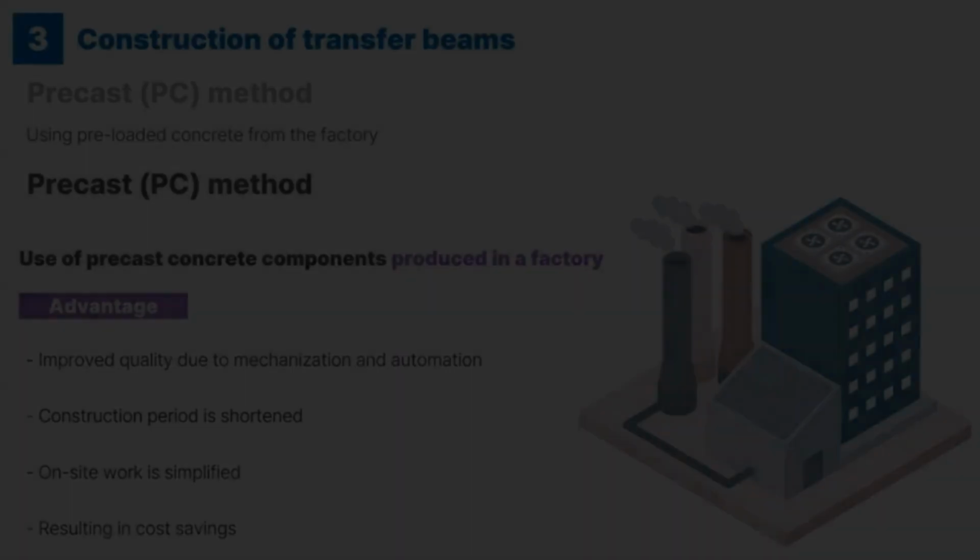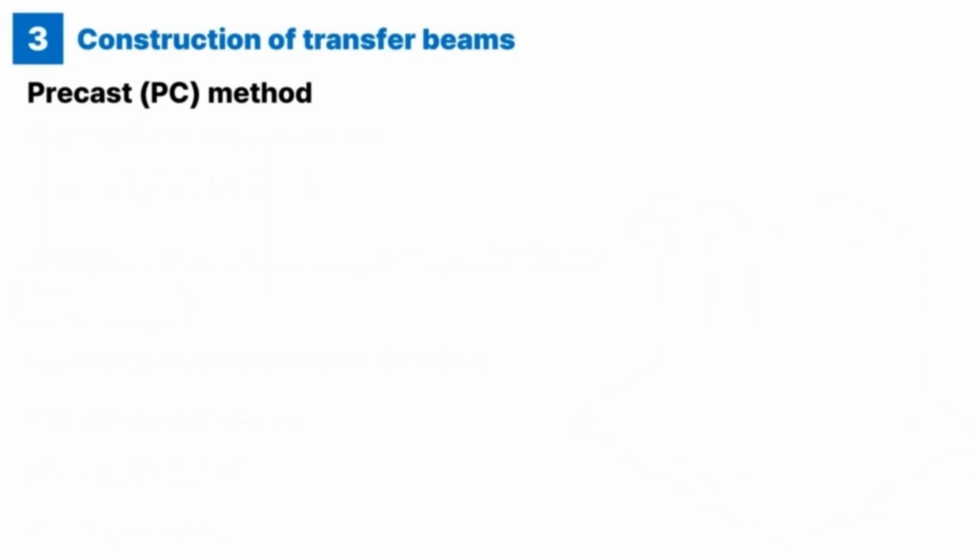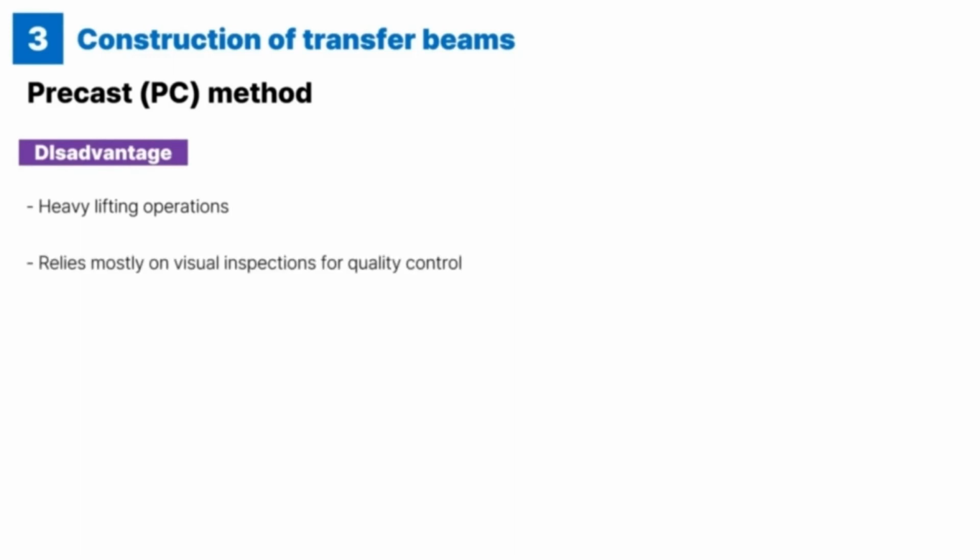However, there are some disadvantages to consider. The PC method involves heavy lifting operations, relies mostly on visual inspections for quality control, and raises concerns about transportation costs and potential component damage. It also requires specialized equipment for installation.